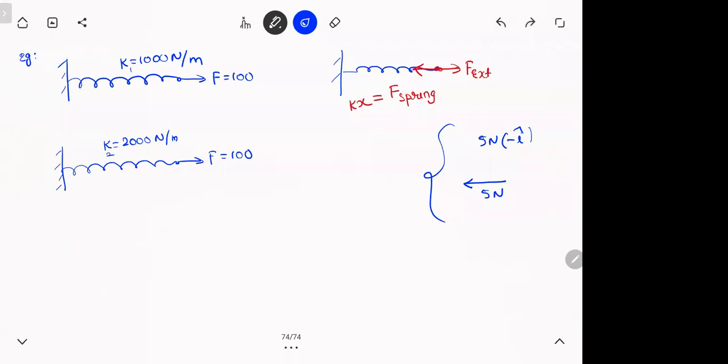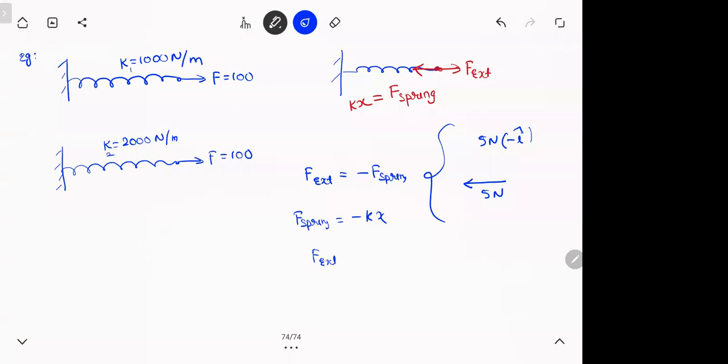So simply remember this: F external is Kx in this case. That is when in equilibrium, F external will be minus F spring because both are opposite. F spring is minus Kx.